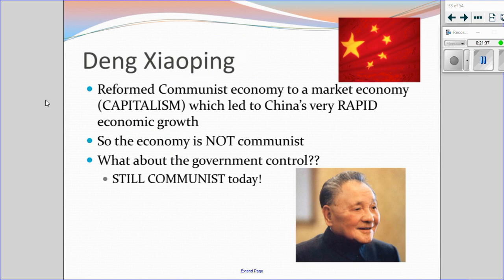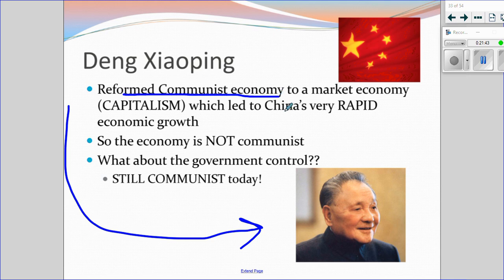Deng Xiaoping is going to do some similar things in China. So he's going to reform the communist economy in China to a market economy. He's going to embrace capitalism in China. Guess what? China, the most populous nation on earth, is going to undergo rapid economic growth when it embraces capitalism. So the economy in China is not communist.